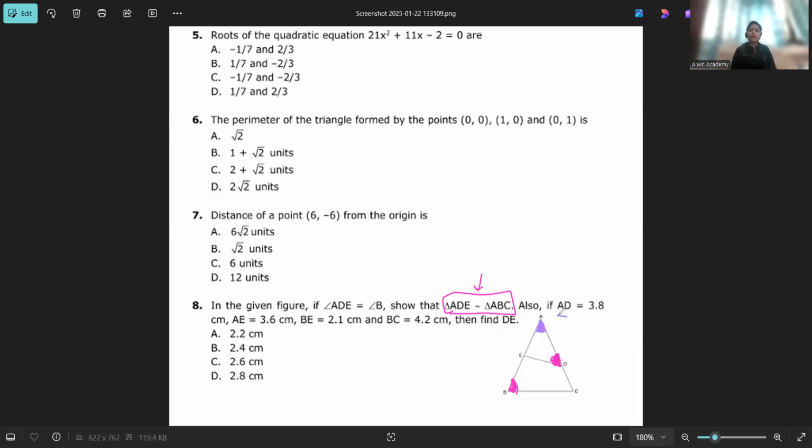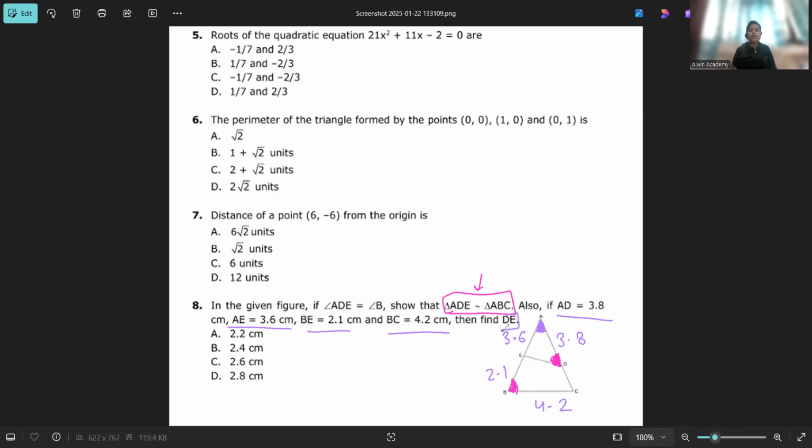Moving on, we have AD is 3.8, AE is 3.6, BE is 2.1, BC 4.2, find DE. So let's just label them. AD is 3.8, AE is 3.6, sorry, BE is 2.1 and BC is 4.2.